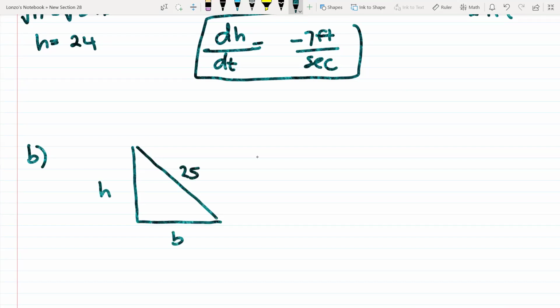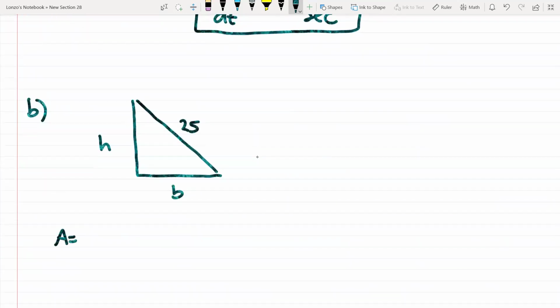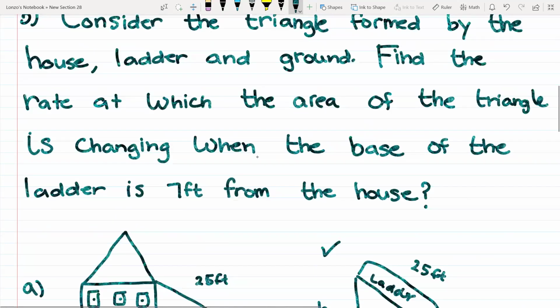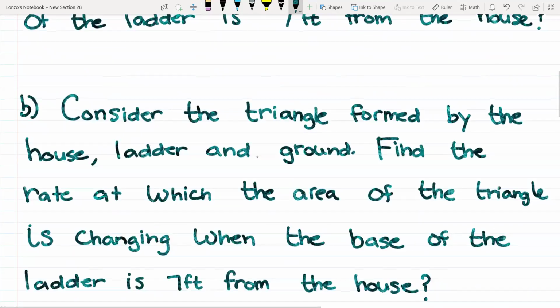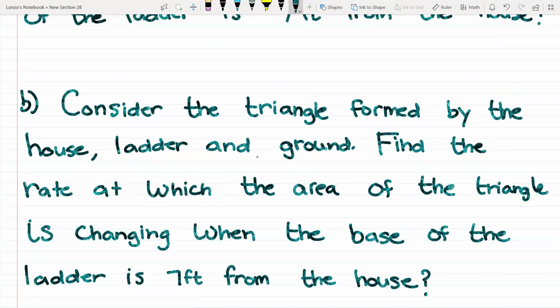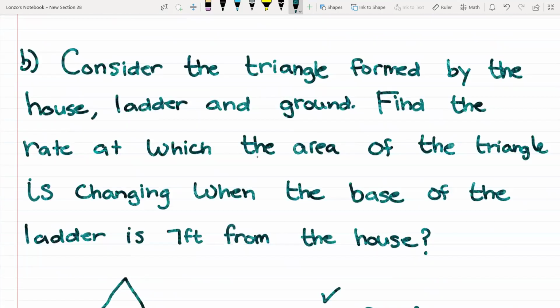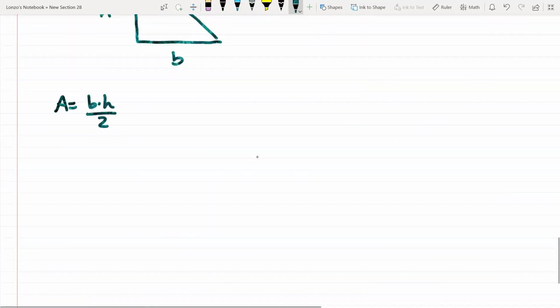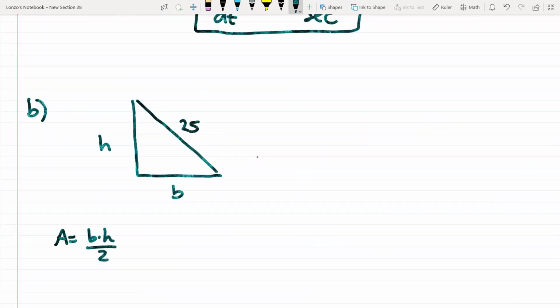So this time, we're not going to use Pythagorean theorem. They're asking related to the area of a triangle. So area of a triangle is base times height over 2. And this time, in part B, they're saying find the rate at which the area of the triangle is changing when the base of the ladder is 7 feet from the house. So the base is 7 feet, that was given.